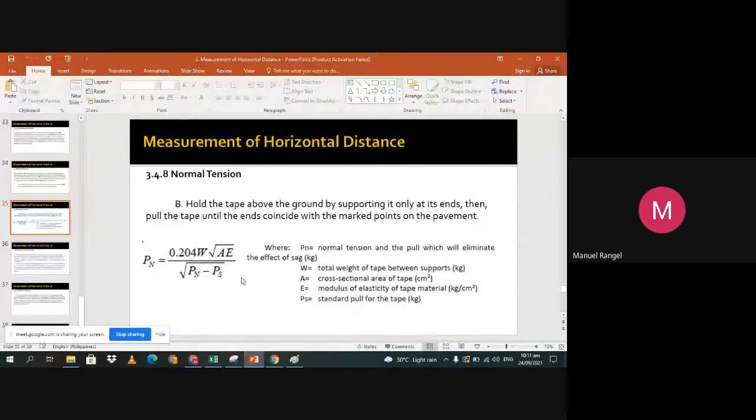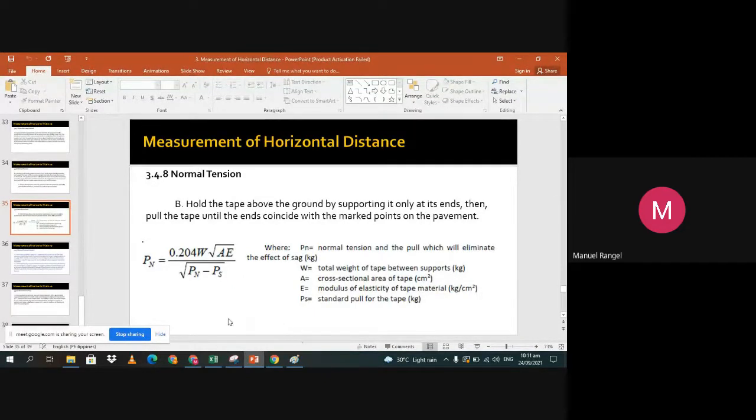Okay, so for the formula for the normal tension, kini na formula is gikan ni sa tension na correction formula and sa sag. So in this case, since normal tension naman, ang correction due to pull is equal to the correction due to sag.